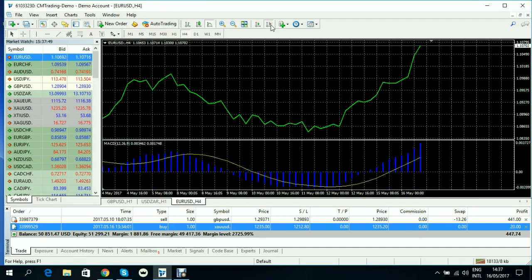MACD works. It is important to confirm with different time frames to see the bars above the center line or the zero zone to be certain on a buy trend, and likewise the sell trend too.